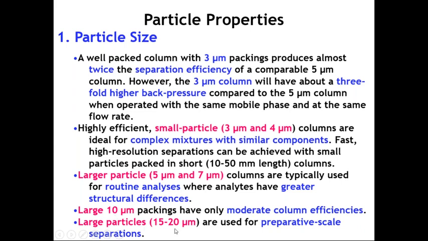You also have 20 micron, and these are generally used for preparative purposes, where you use columns of diameter of about 22 to 45 centimeters as compared to the internal diameter of 25 centimeters and 4.6 millimeters internal diameter.